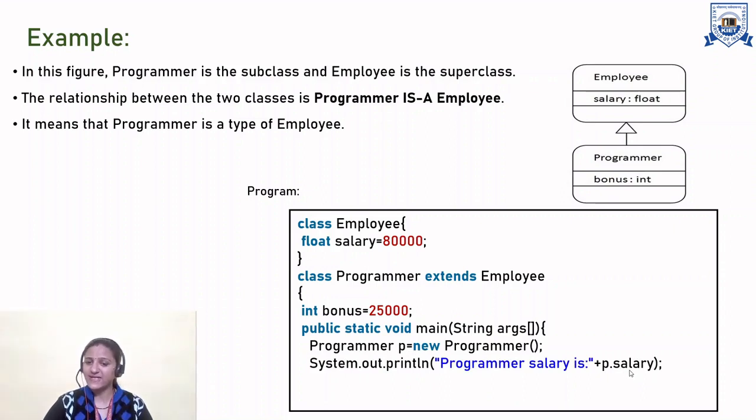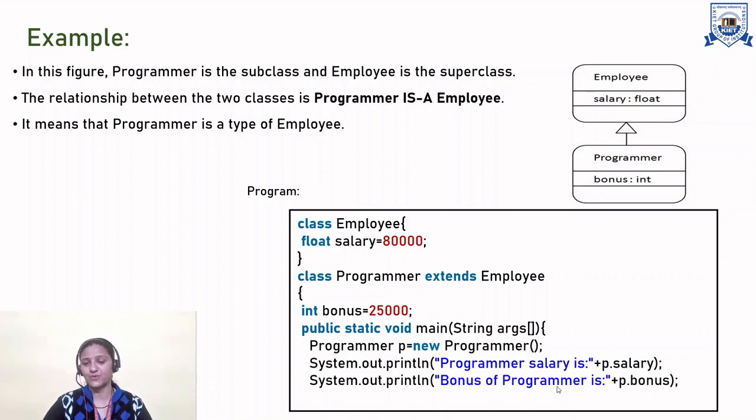Now this salary basically belongs to the employee, but as the employee is getting extended by the child, the object or instance of the child can share the attributes of its parent also. And along with this, it can also have its own attribute, its own field.